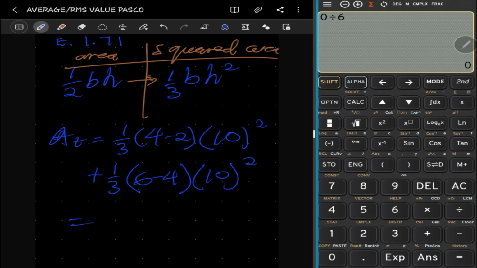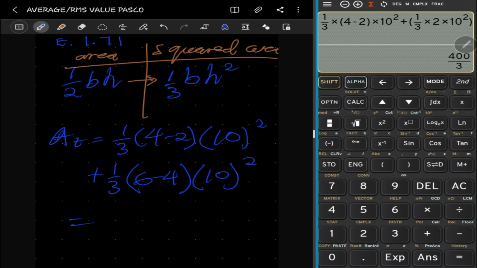So this is what we have for the area: 1 on 3 times the bracket 4 minus 2, times 10 squared, plus 1 on 3 times 6 minus 4, which is 2, times 10 squared.